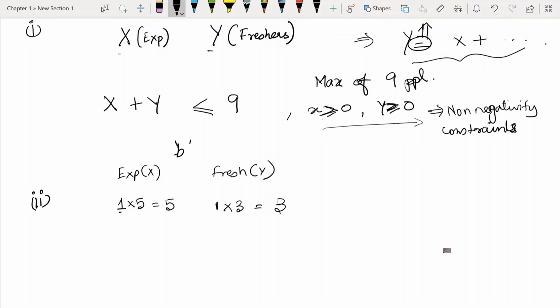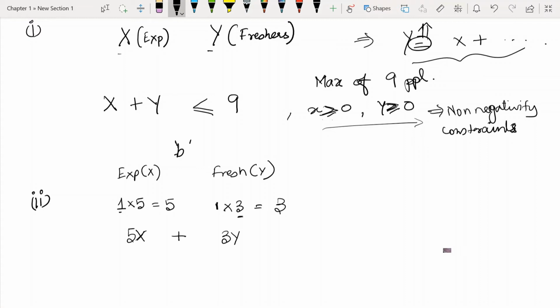So, if I am employing x number of people, each person will do 5. So, 5 into x is 5x is the total amount of work done. One person will do 5 units of work, so x number of people will do 5 into x. Similarly, one person will do 3 units of work, and therefore, when I employ y number of people, they will do 3 units of work per person.